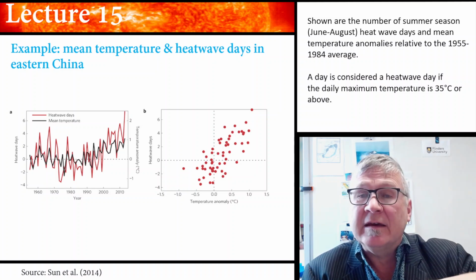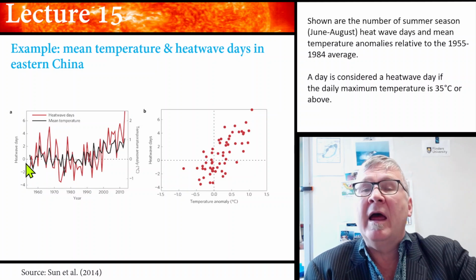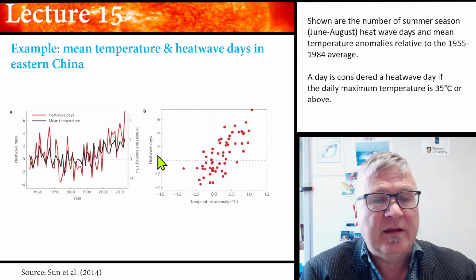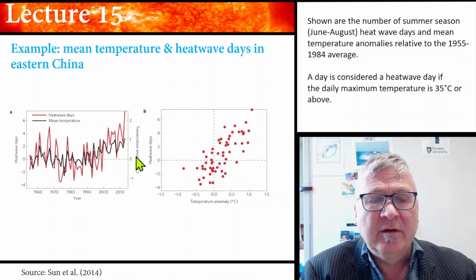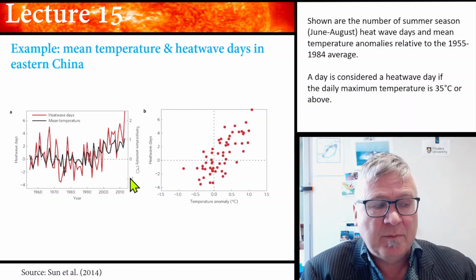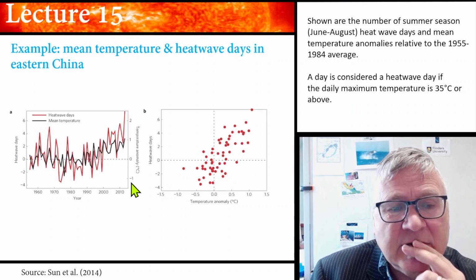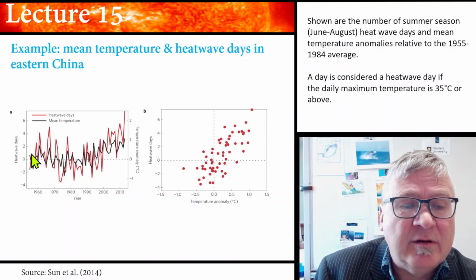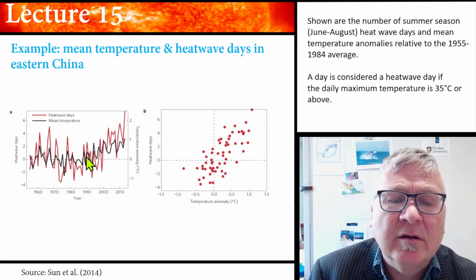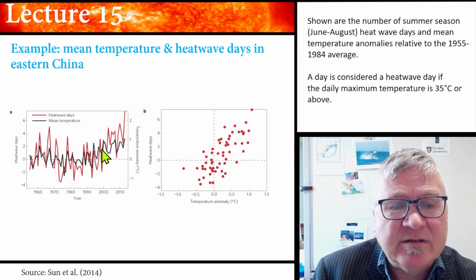It's an anomaly, the mean temperature relative to a reference value. This temperature anomaly in this graph is shown on the right, and it ranges between 2 degrees plus and minus 1 degree. So you have the mean temperature, and you can see there is a little change, some fluctuations, and then you get an increase since 1990.